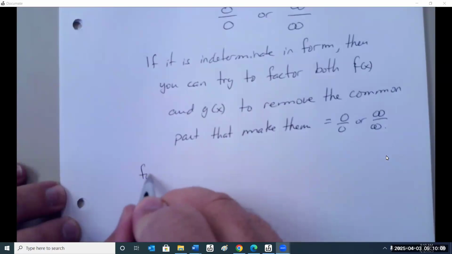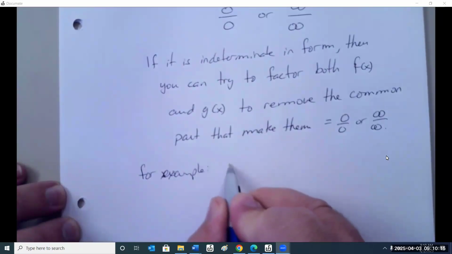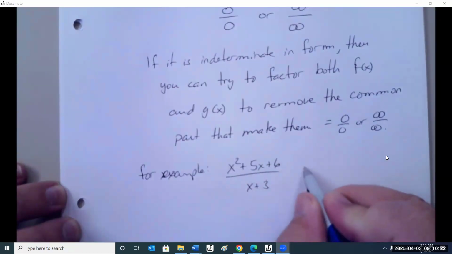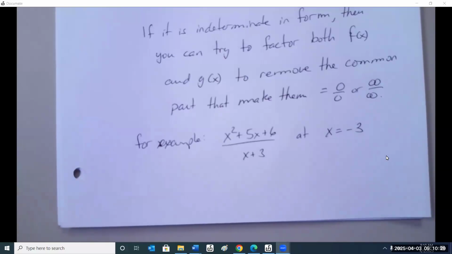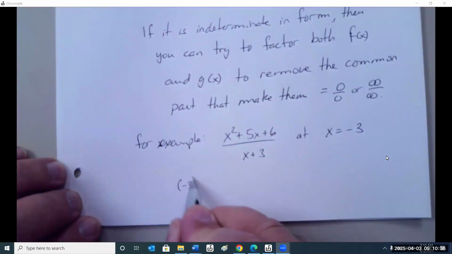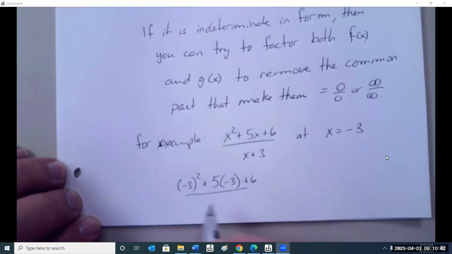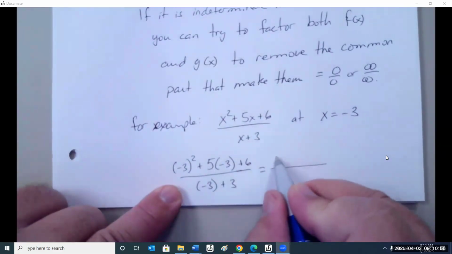For example, if we have this function at x equals -3, so if I plug in -3 in there and work it out, -3 squared is 9.